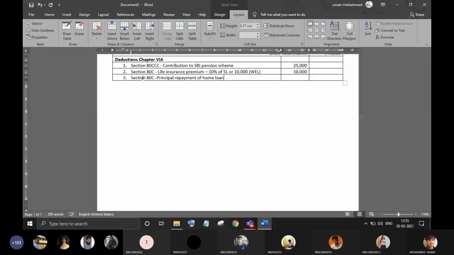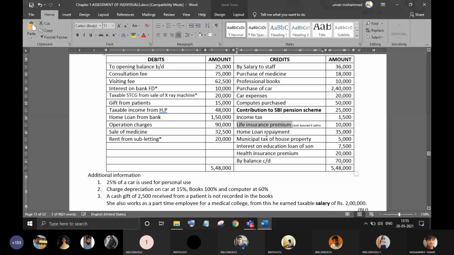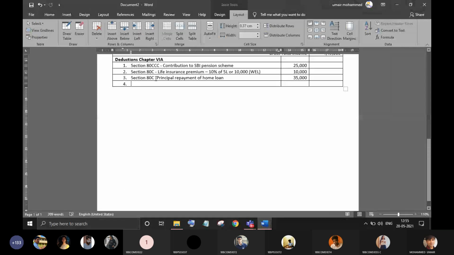Next, this is done. Next is you have to ensure that all 80C, 80CCC, 80CCD(1B) put together should not exceed 1,50,000. So obviously it is less than 1,50,000, so we don't have any concern. Interest on education loan of son.